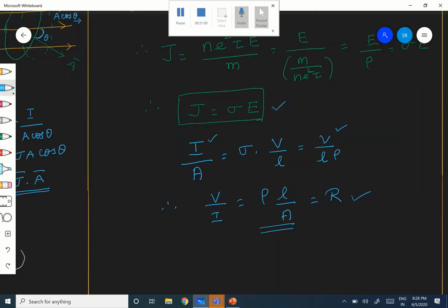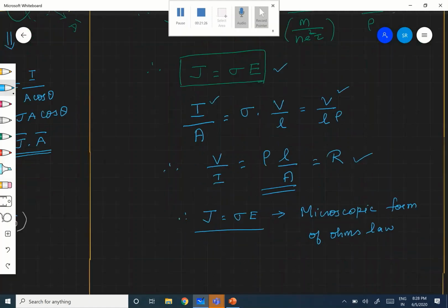Therefore, J is equal to sigma E is nothing but the other form of Ohm's law. It is called the microscopic form of Ohm's law. It's nothing but Ohm's law. Is it clear?